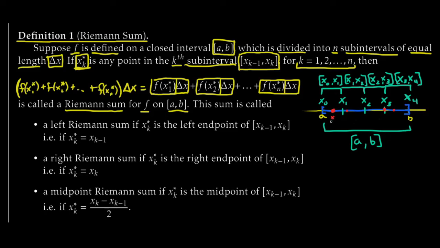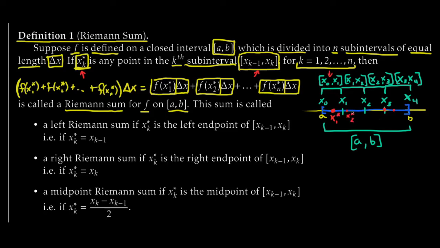Okay, let's make sure we have the convention for naming right. So this is in the interval from x0 to x1. xk star is any point in the kth subinterval from xk minus 1 up to xk. So this would be x1 star since it's in the interval from x0 up to x1. This guy would be x2 star.